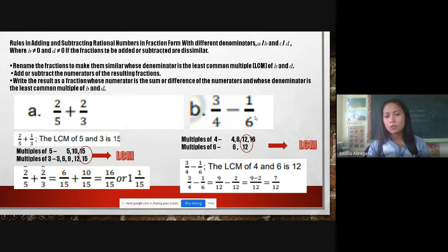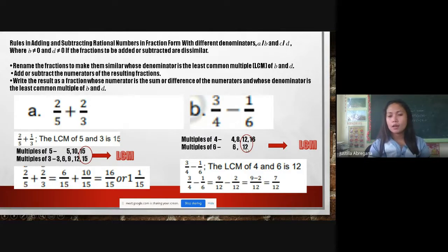For letter B, 3/4 minus 1/6. As you can notice, 3 over 4 and 1 over 6 are dissimilar fractions. So we need to get the LCM, or the least common multiple. So you will use the listing method: multiples of 4 are 4, 8, 12, 16, and so on. Multiples of 6 are 6 and 12.